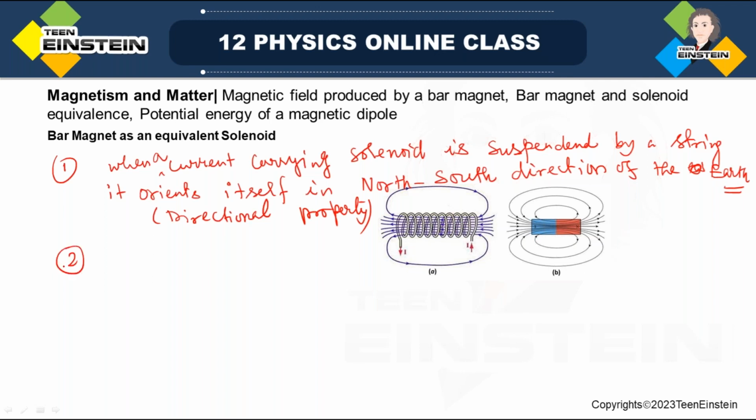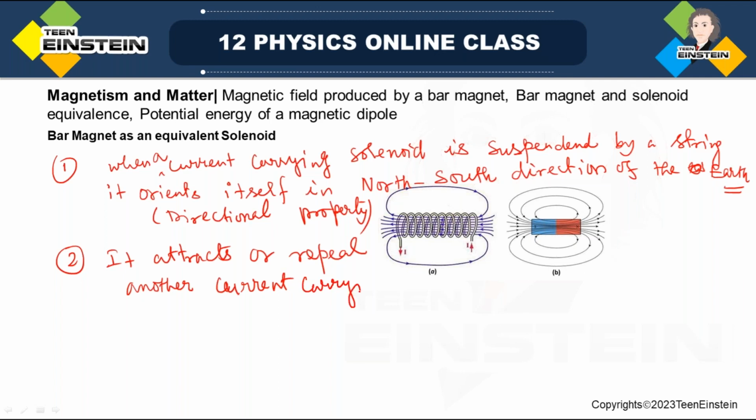Now the second point is that if you have one solenoid and bring another solenoid near to it, it attracts or repels another current carrying solenoid, that means one which produces a magnetic field actually.